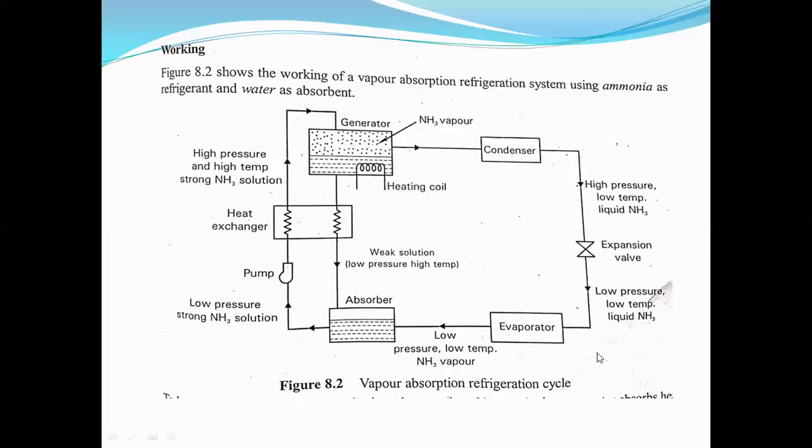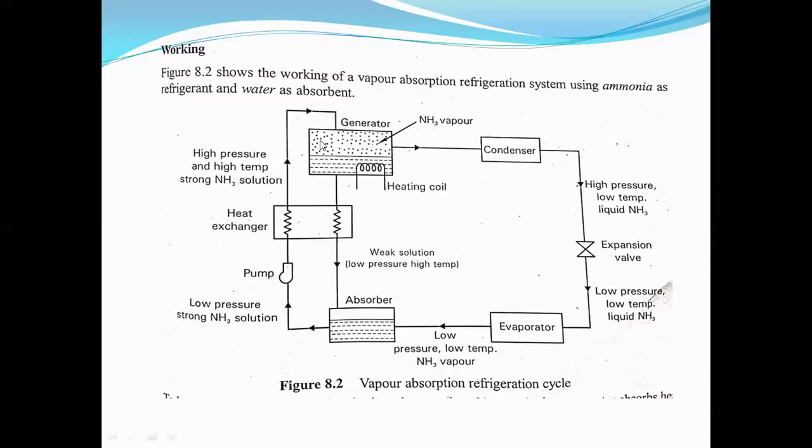Then next comes the construction of your VAR. What are the main components of your VAR? As you studied, in VCR we have four parts: the evaporator, the condenser, the compressor, and the expansion valve. Observe this diagram.